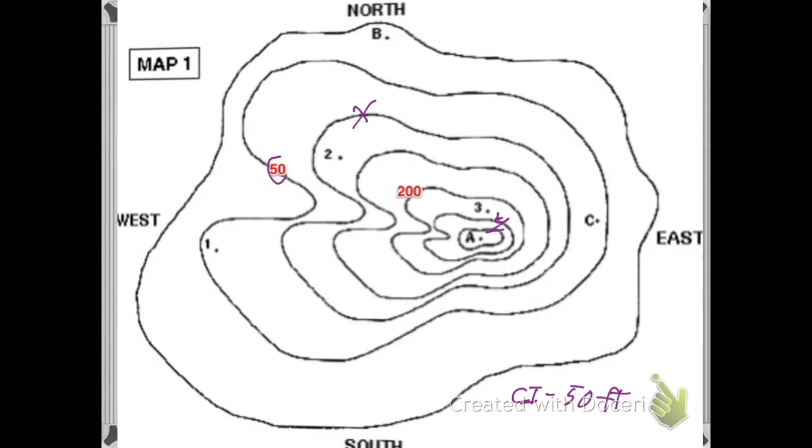And so if here it's 50, that means at point X, it's going to be at 100 feet. And then here it's 200, so point Y is going to be at 250. So to find the change in elevation, you are just subtracting 250 minus 100, and that is 150 feet between point X and point Y.